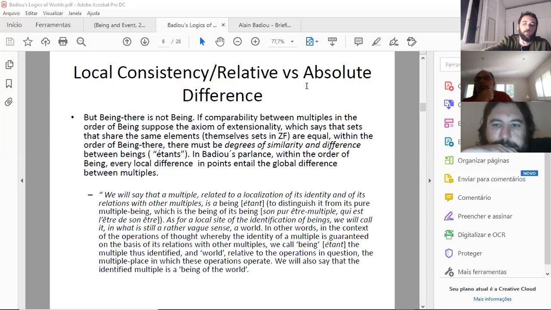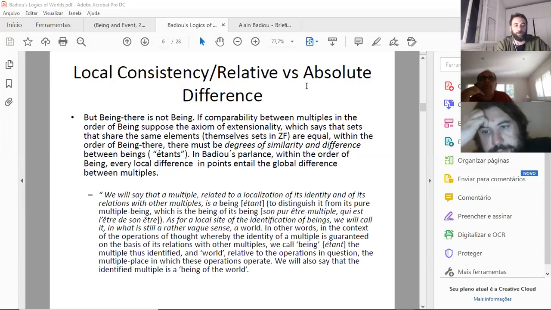Since the set of all sets doesn't exist, all you have is local consistency. The axiom of separation is the local consistency. So Logics of Worlds is just another rephrasing of what we already know from ontology. Yeah, that part of Logics of Worlds, yes.